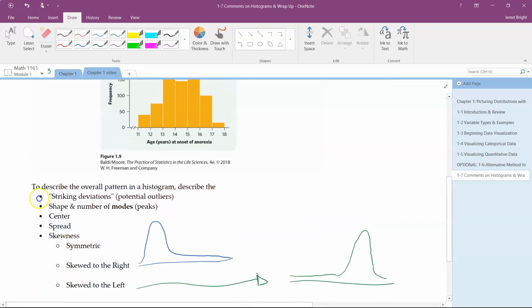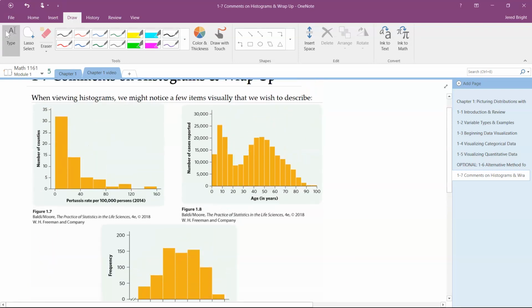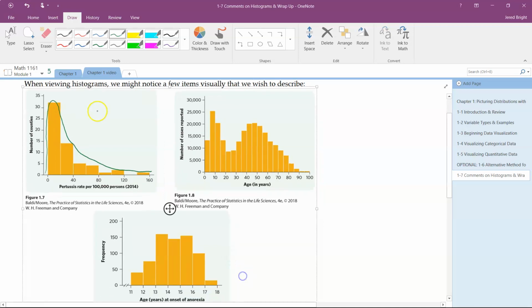So what pieces of those 5 things can we say here? Well, in the upper left one, in terms of the skewness that we were just talking about, it looks like there's a tail that goes off to the right. So I'm going to say this is skewed to the right.